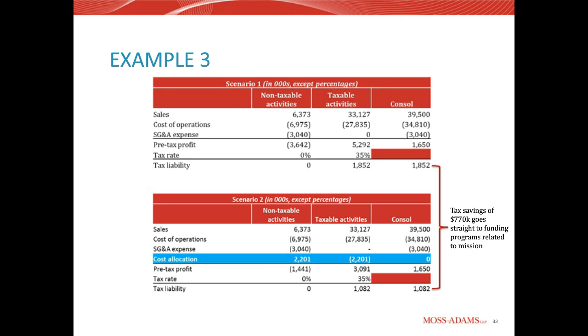Like in our first example, that charge effectively shifted unused or wasted deductions from the tax-exempt activities to the taxable activities where they can be used to reduce the amount of income that's subject to tax. As a result, this organization ended up achieving tax savings of about $770,000, which it was able to put straight into funding its programs that are directly related to its mission of helping the disabled.